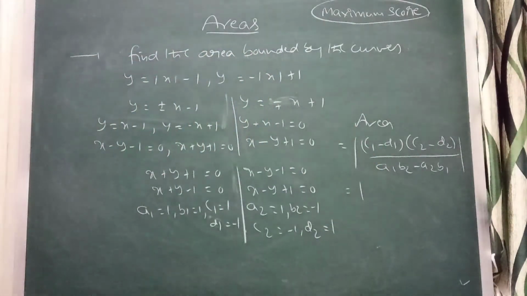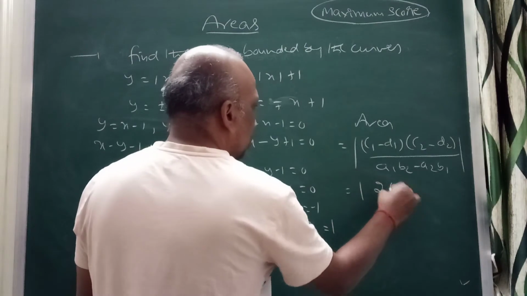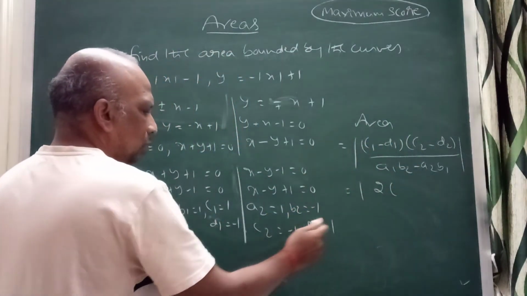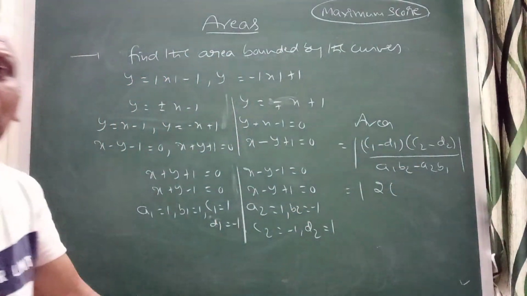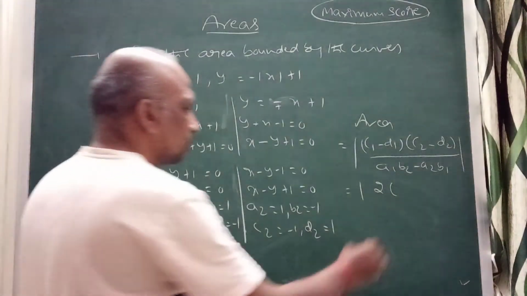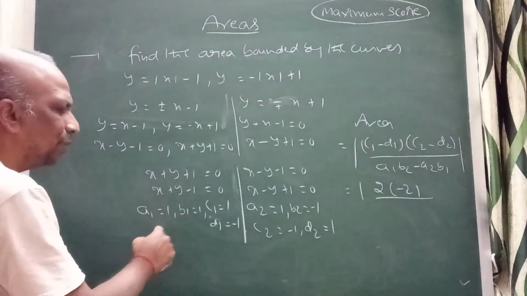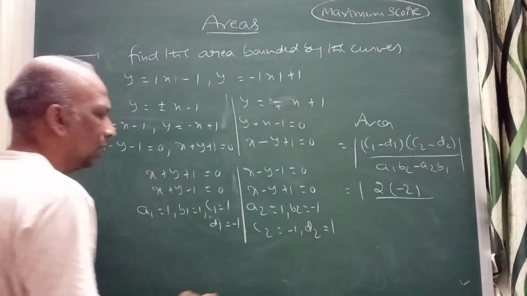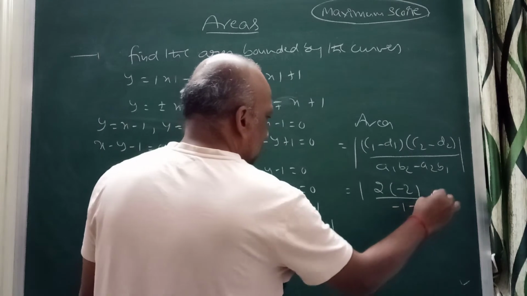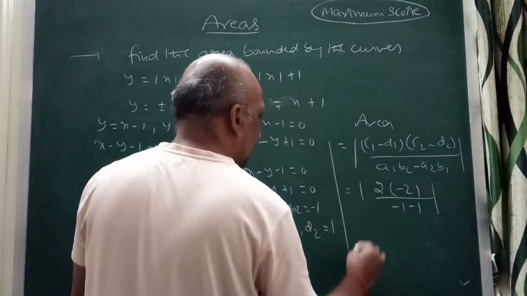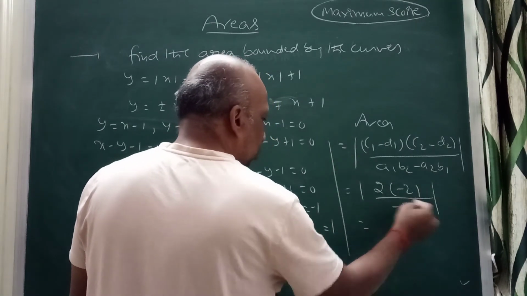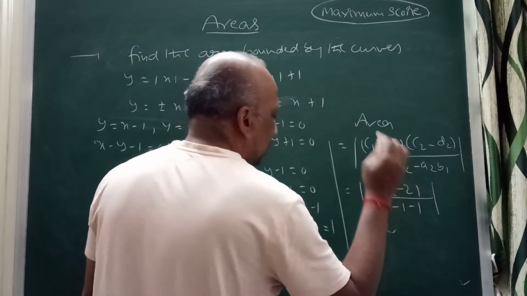Substitute the values in this, you will get the required answer. c1 minus d1 is 1 minus of minus 1, which is 2, into c2 minus d2, which is minus 2, by a1 b2 minus a2 b1, which is minus 1 minus 1, so minus 2. So finally the area is equal to 4 by 2, it will come 2 square units, right?